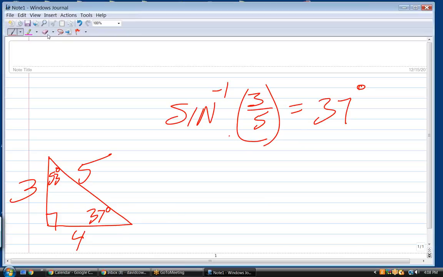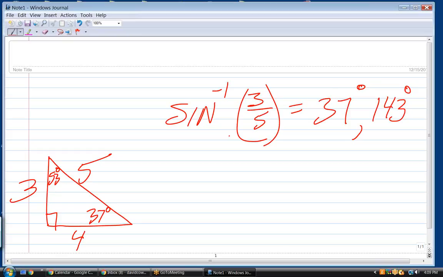Now, there is one thing I should say. The inverse sine of 3/5 actually has two answers in the unit circle, does it not? In other words, also the second quadrant. If you take the sine of 143 degrees, you'll get 3/5, and it'll be positive 3/5. What's going on is that your calculator only gives you the principal value when it does inverse trig functions.